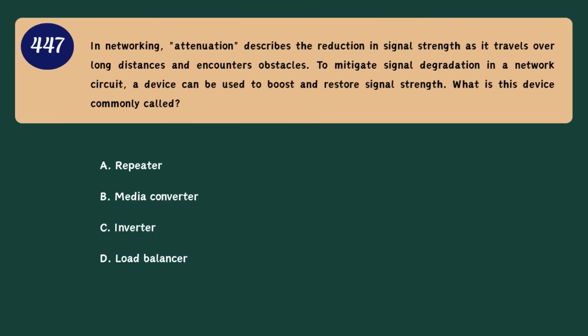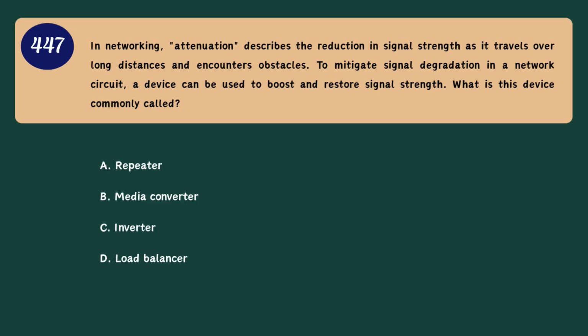Question 447. In networking, attenuation describes the reduction in signal strength as it travels over long distances and encounters obstacles. To mitigate signal degradation in a network circuit, a device can be used to boost and restore signal strength. What is this device commonly called? A. Repeater. B. Media converter. C. Inverter.